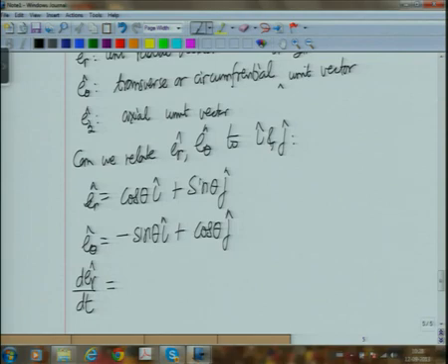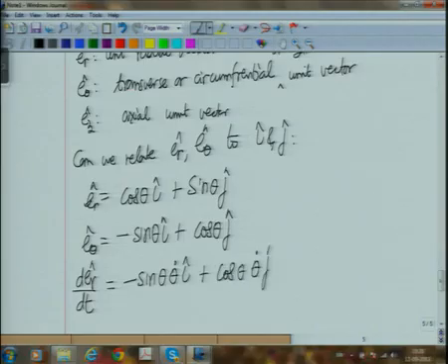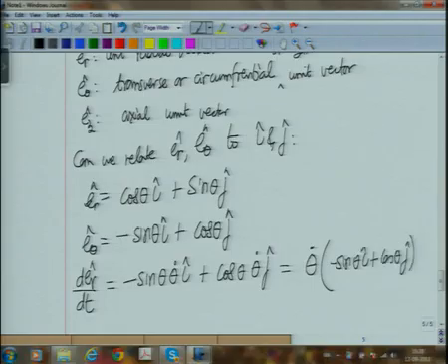So, the dER by dt will become minus sin theta, theta dot i plus cos theta, theta dot j, and this becomes theta dot multiplied by minus sin theta i plus cos theta j, and this I can write as theta dot multiplied by E theta.